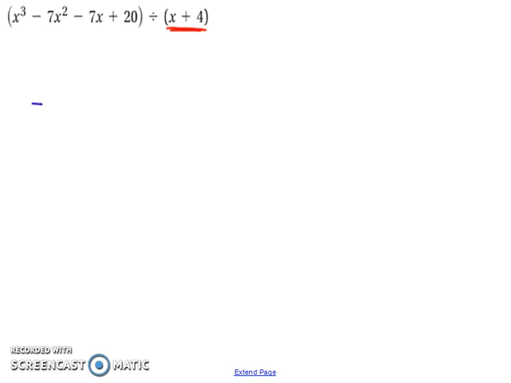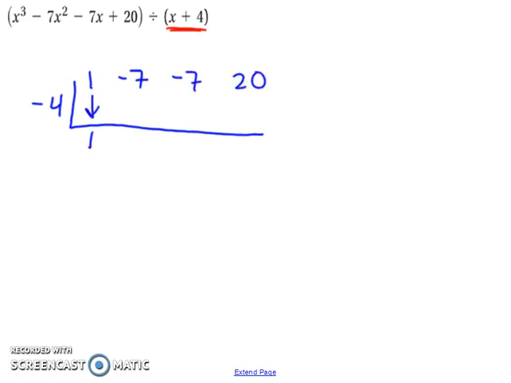So I'm going to reverse the sign. So negative 4 on the outside. Coefficients along the top. So a 1, a negative 7, a negative 7, and a 20. First number comes down. 1 times negative 4, negative 4. I'm going to add, I get negative 11. I'm going to multiply, I get 44.